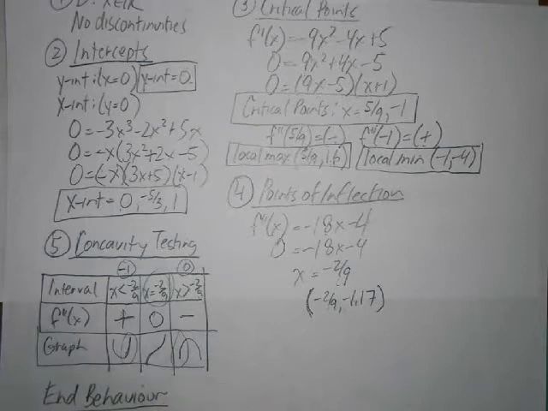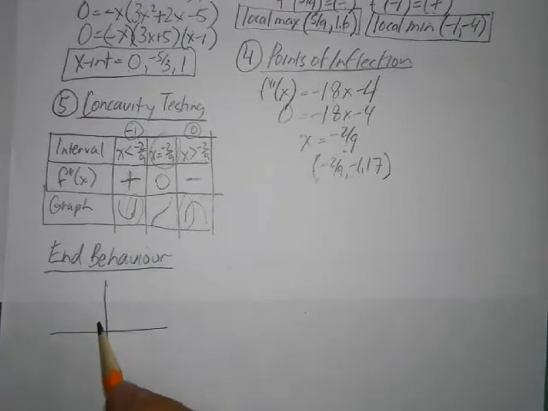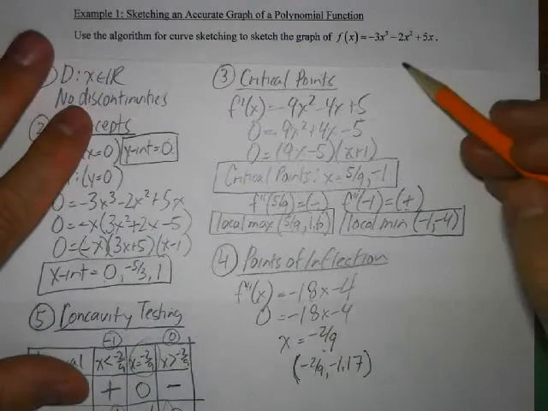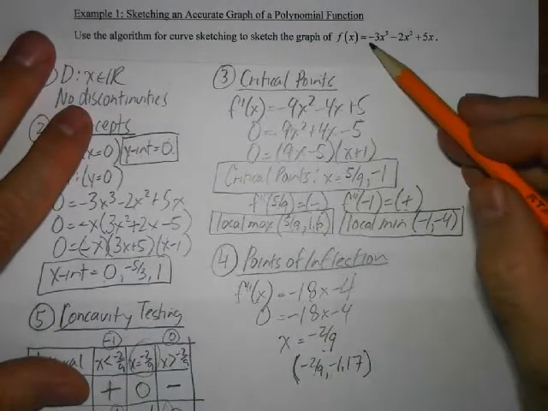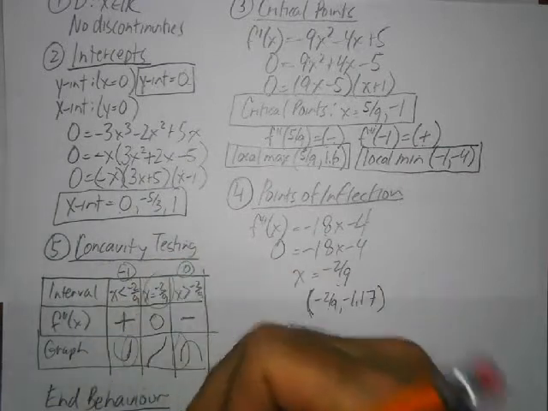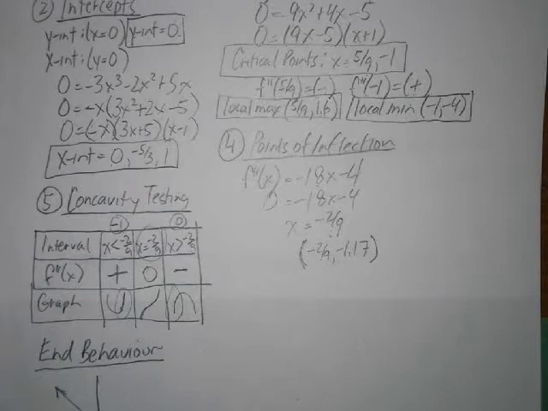All this has to do with is the sign and the degree of the polynomial, which is degree 3. So it's an odd degree polynomial, and if I remember correctly, it has a negative leading coefficient. So that means the end behavior looks like this. Starts in the second quadrant, ends in the fourth.